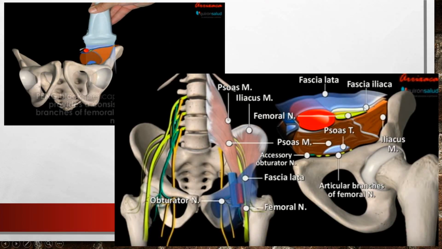Below that is the fascia iliaca, and below the fascia iliaca come the femoral nerve, femoral artery, and femoral vein, superficial to the psoas and iliacus muscles. Below that are the articular branches of the femoral nerve inside the psoas muscle. Medial to that is the accessory obturator nerve, and more medial we can find the obturator nerve.